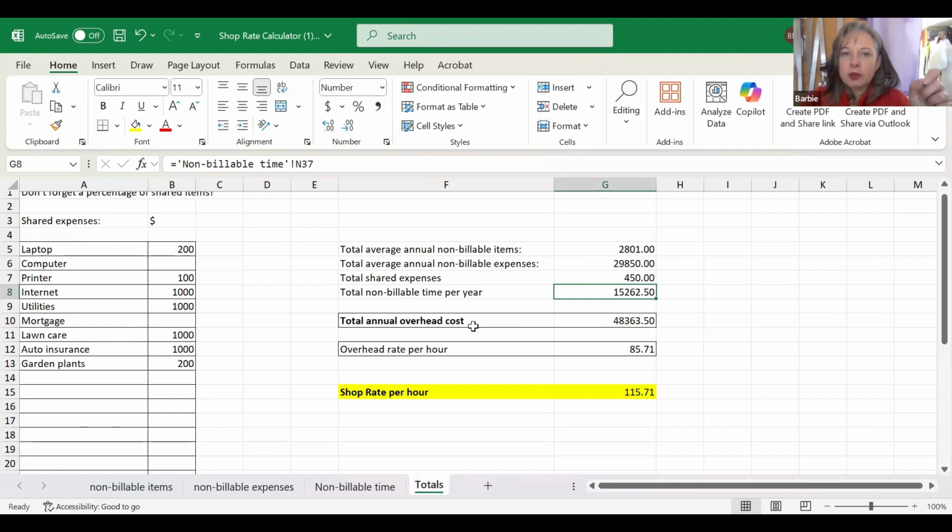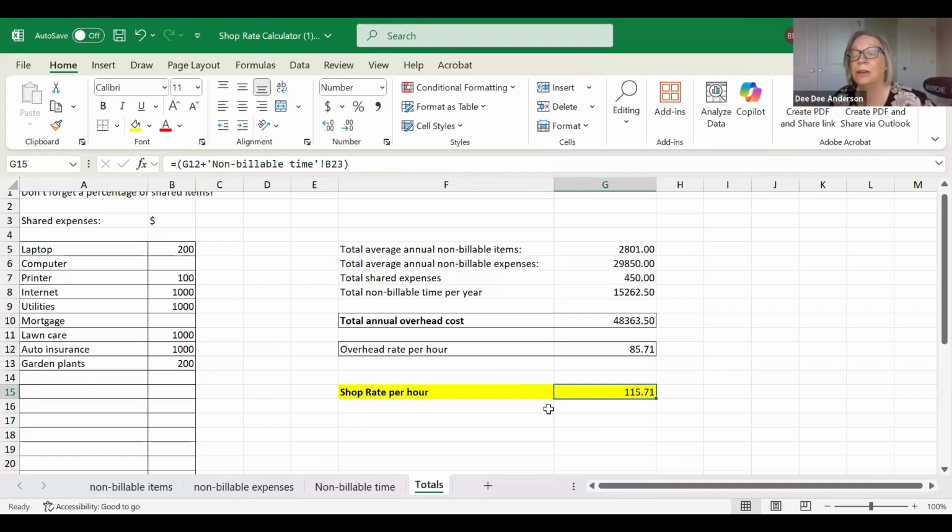Okay. My annual overhead cost is $48,000. And that breaks down my overhead rate per hour is $85. That added into my $30 an hour that I'm going to directly pay myself, my shop rate is $115 per hour. That is awesome.